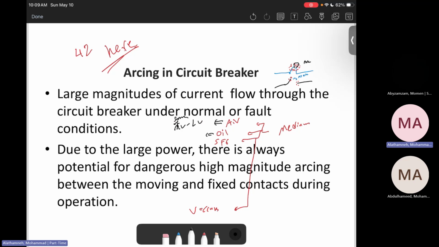Oil can be in medium voltage. SF6 can be in extra high voltage, and medium voltage, but it is less common in medium voltage. Vacuum is more common in medium voltage.